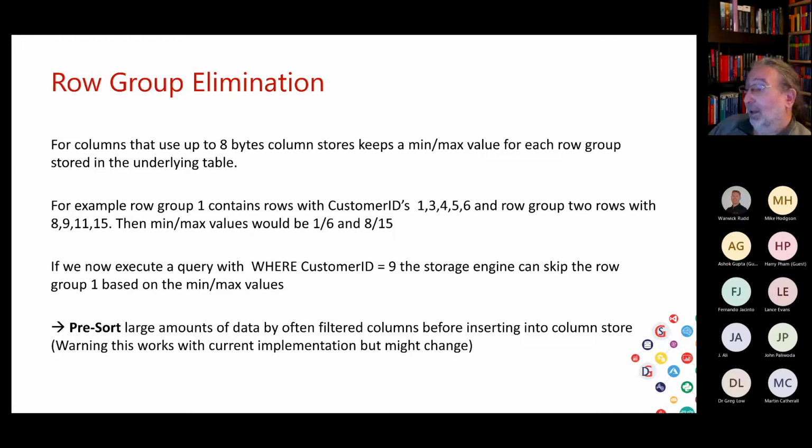For example, if you have a column with an ever-increasing ID because you use identity or something, an ever-increasing date because you put your invoice date in there, or an ever-increasing running total, these are all perfect candidates where you sort your column store data before you put it into the column store.